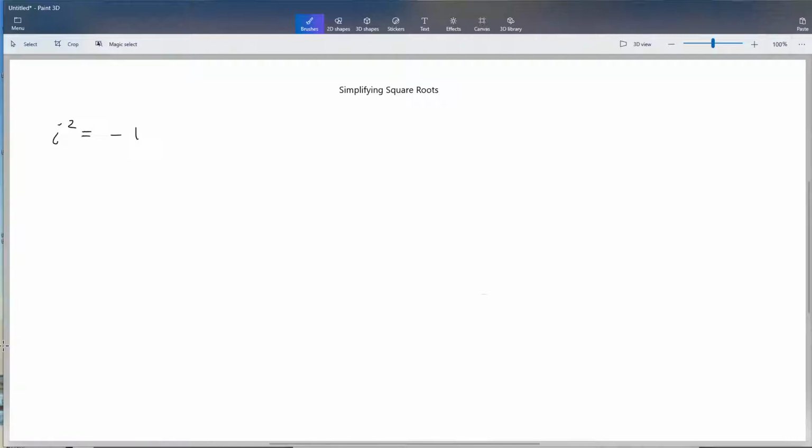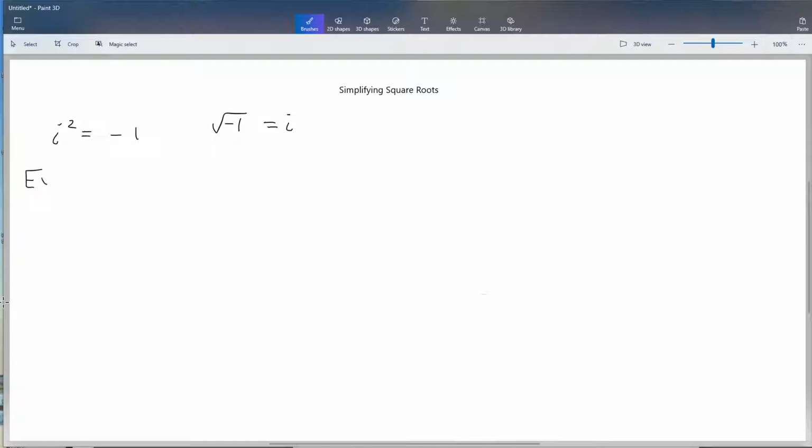What that means is that the square root of -1 is i. And this is where we connect these imaginary numbers with simplifying square roots.